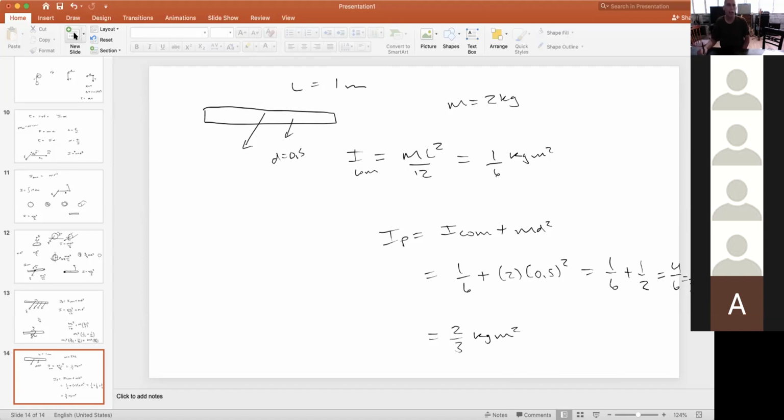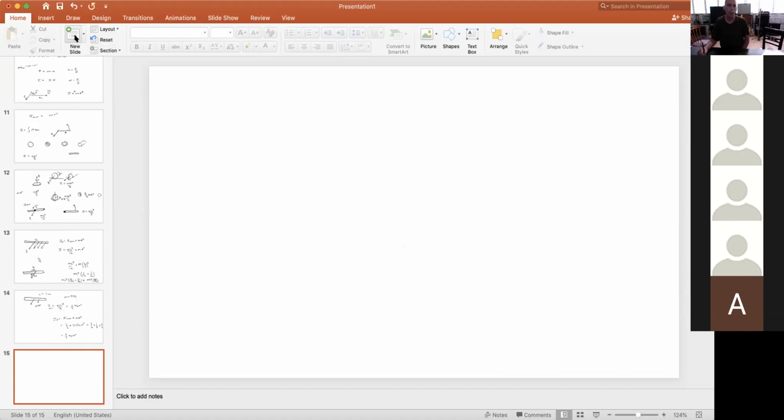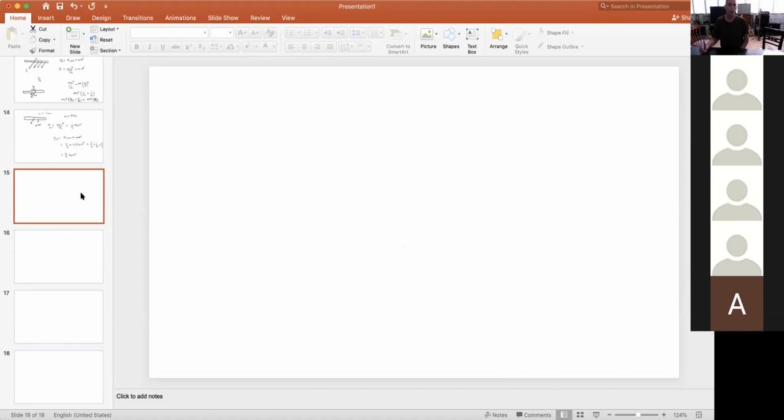But there's something else that makes it really simple to do moment of inertia. Imagine now that I have a rod, okay? And it's rotating about one end, and I know that that is ml squared over 3, about one end. Now though, I attach to it a sphere. And I'm going to assume that the rod goes into the sphere somehow.